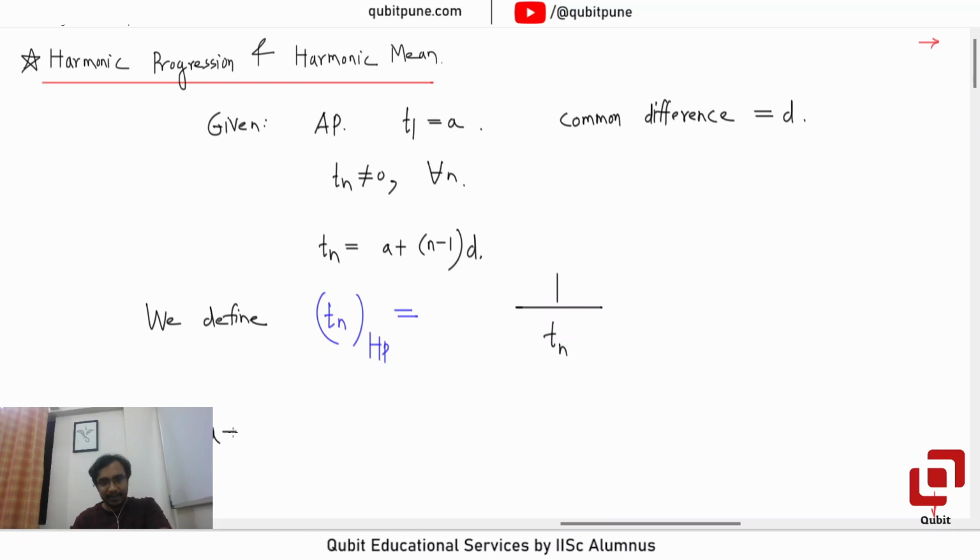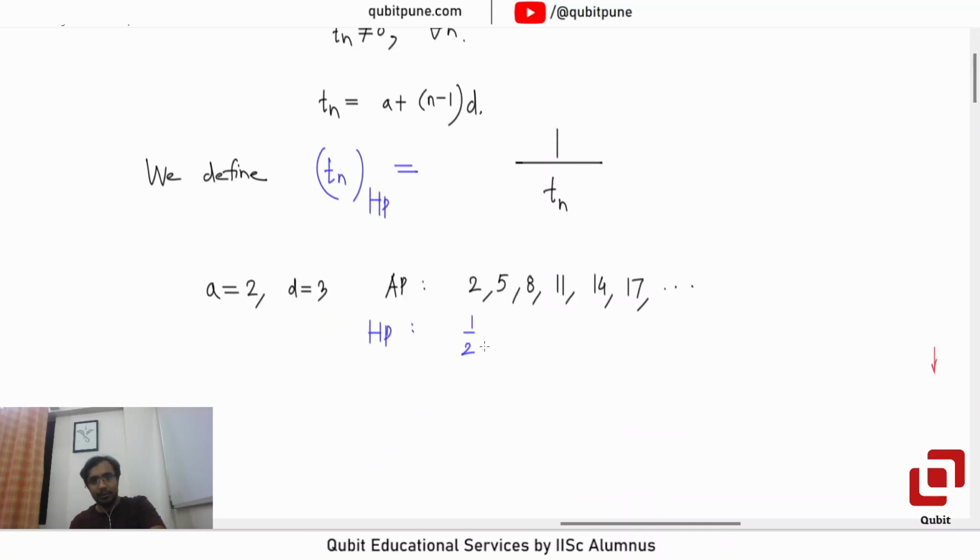So for example, if I take my first term as 2 and the common difference is 3, what will be the AP? The AP will be 2, then 5, then 8, then 11, then 14, then 17 and so on. What will be the associated harmonic progression? Take reciprocals of all the terms: 1 by 2, 1 by 5, 1 by 8, 1 by 11, 1 by 14, 1 by 17 and so on.